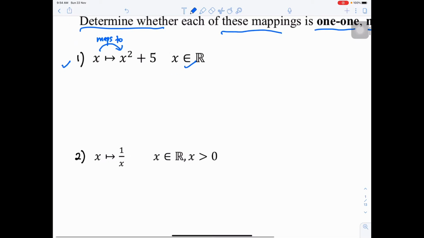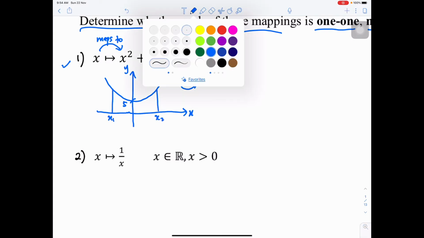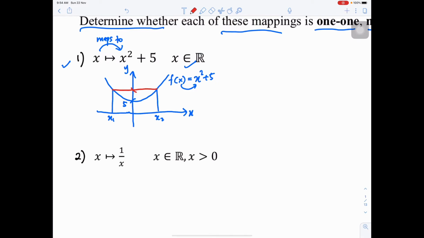What we do is sketch the graph of the function. So this is the graph for f(x) equals x squared plus 5, and the y-intercept equals 5. Let's say x maps to the function, and this is x1 and x2. So it brings only one output.